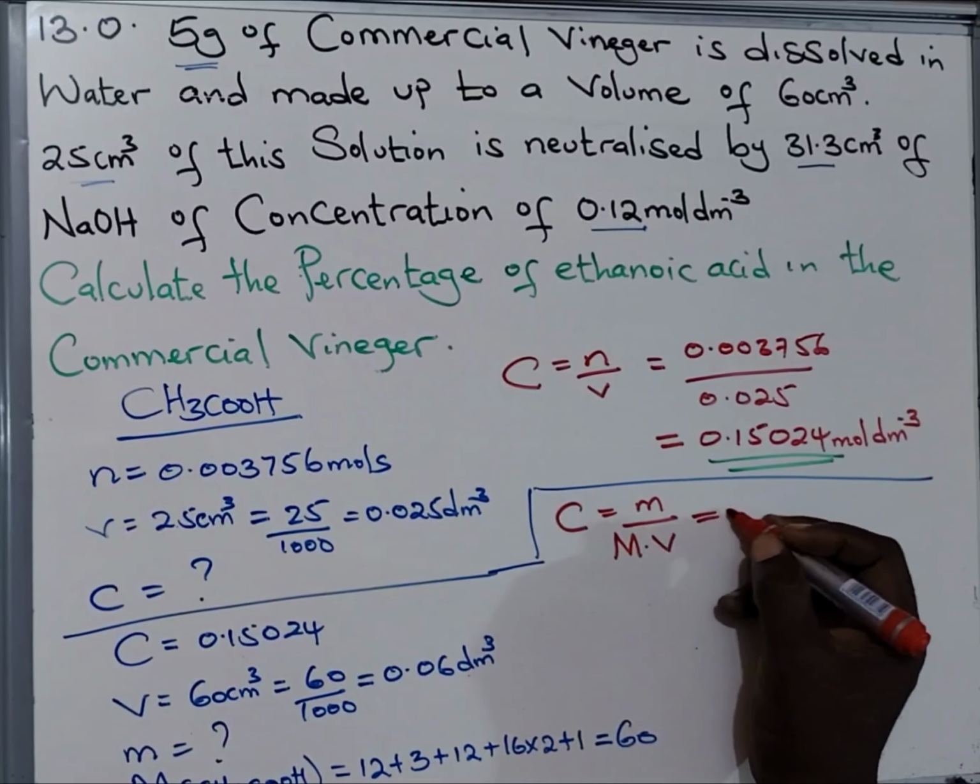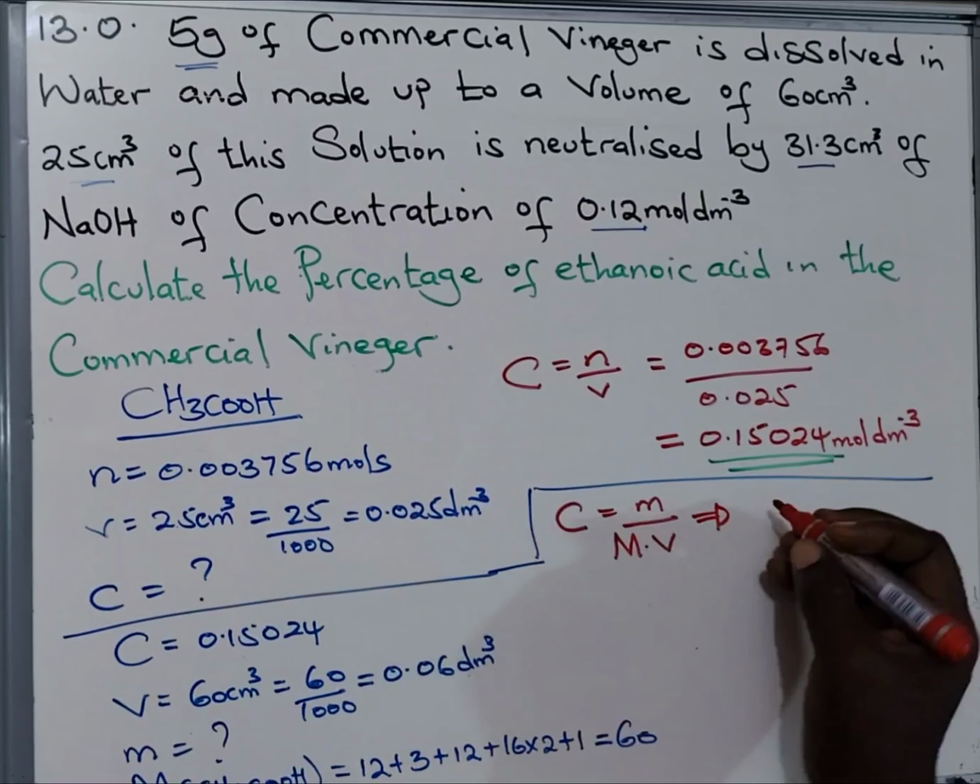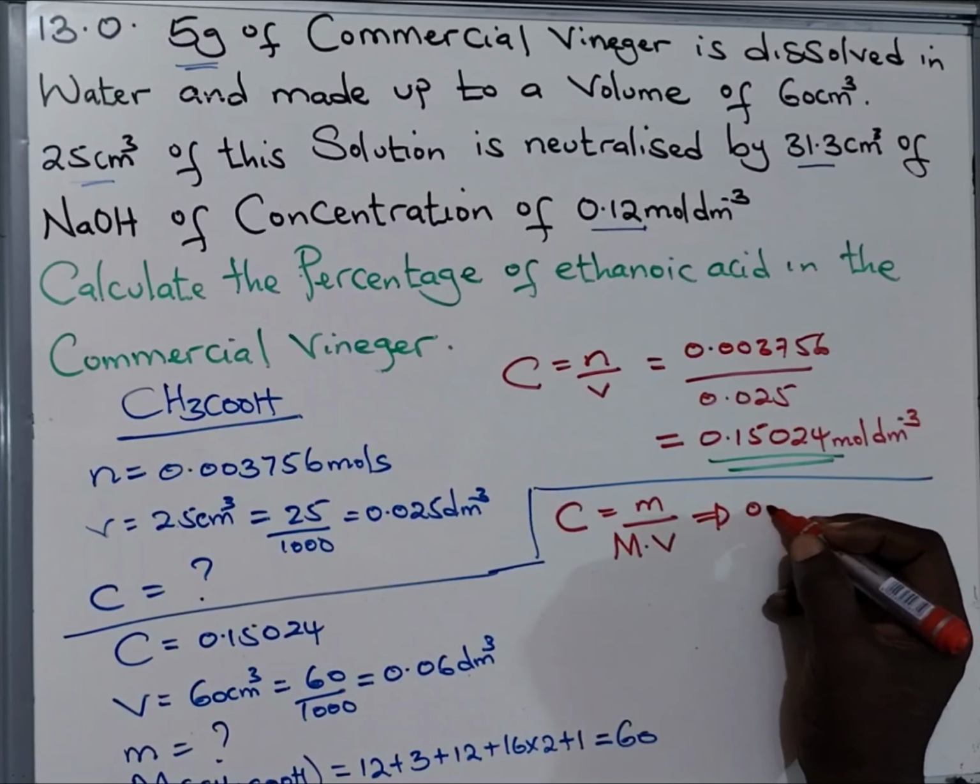So from here, we substitute in this equation. We have your concentration, which is 0.15024. You're looking for mass, but you know molar mass, which is 60, times volume, and the volume is 0.06.